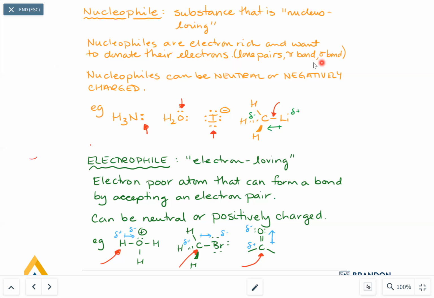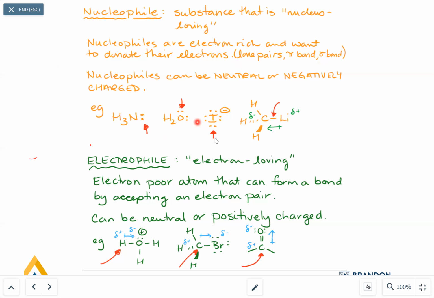So lone pairs, pi bonds, or sigma bonds, as we said before. And nucleophiles are going to be either neutral or negatively charged. So some examples: ammonia, nitrogen with a lone pair, and water, with its lone pairs. Both of these molecules are neutral, but they can still behave as nucleophiles because they have lone pairs that they can donate.